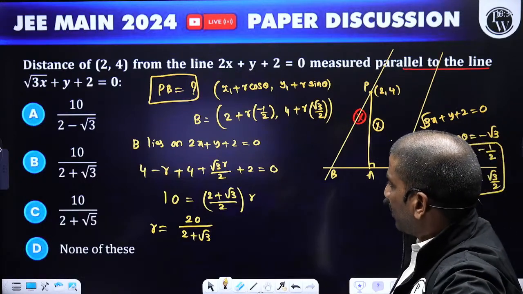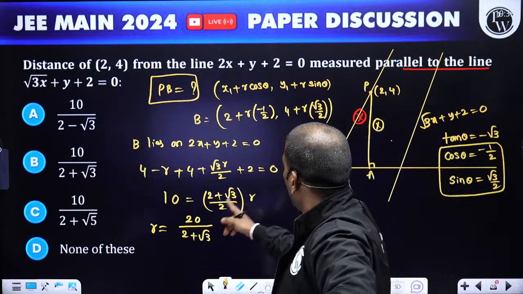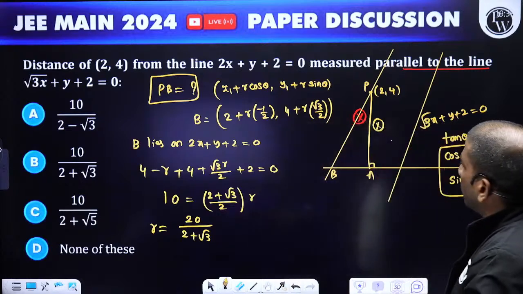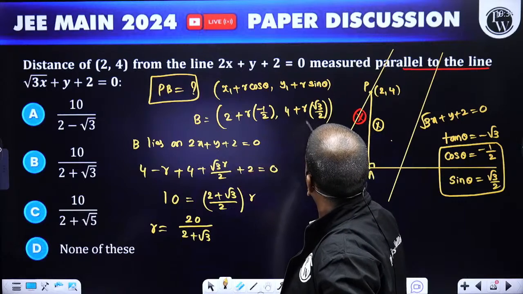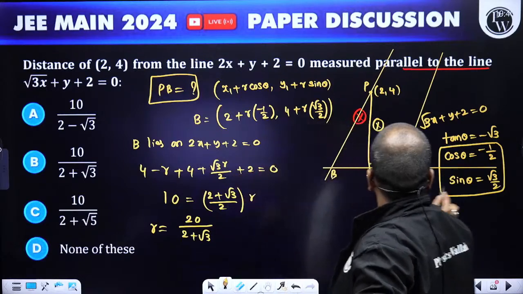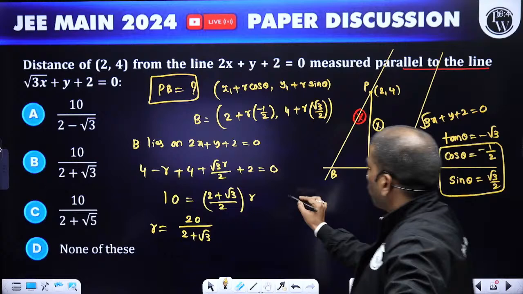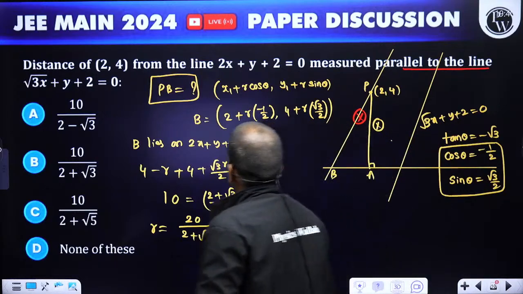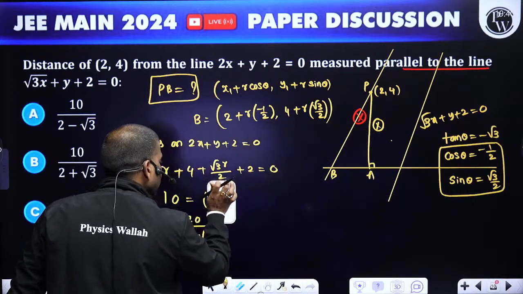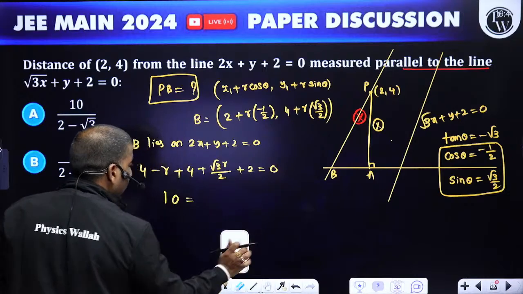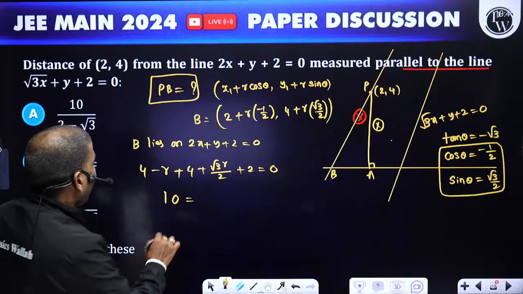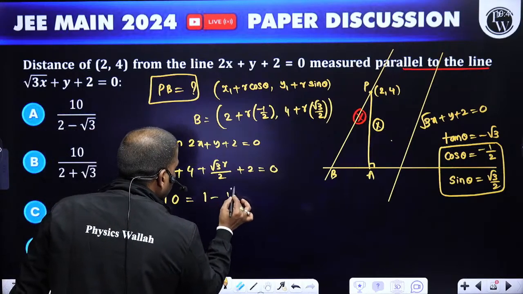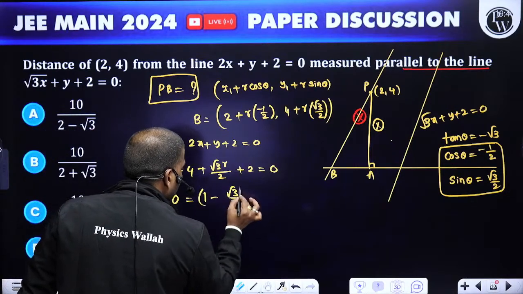We are getting 20. So once you check r, y is equal to 4 plus root 3 r by 2. Yes, this is the mistake. It is 1 minus root 3 by 2 times r.